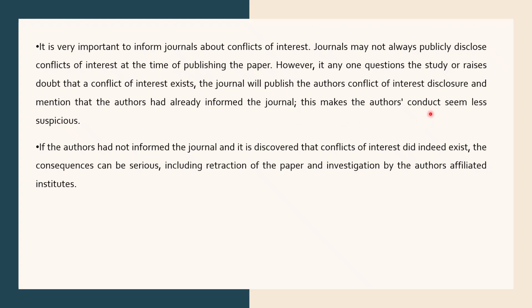This makes the author's conduct seem less suspicious. If the authors had not informed the journal and it is discovered that a conflict of interest did indeed exist, the consequences can be very serious, including retraction of the paper and investigation by the author's affiliated institutes.